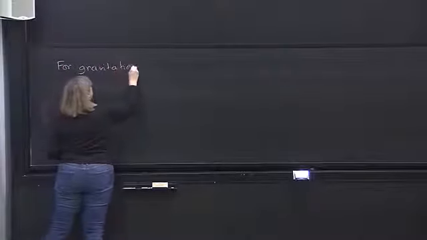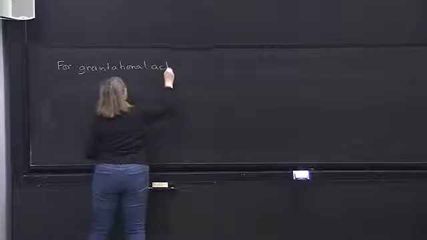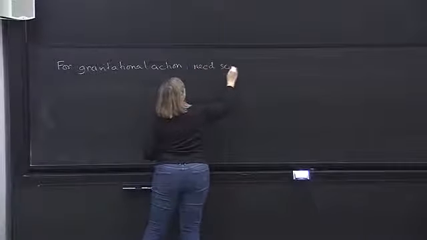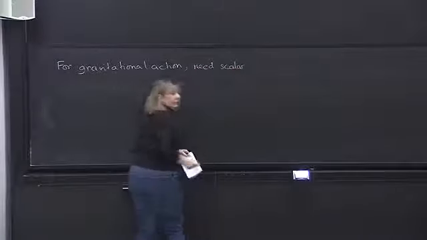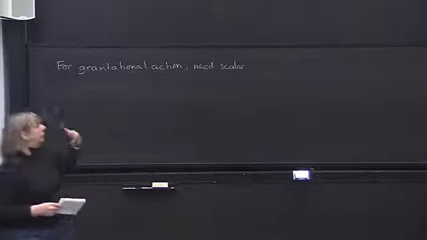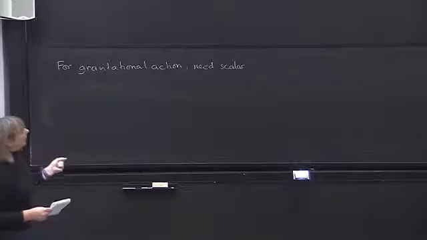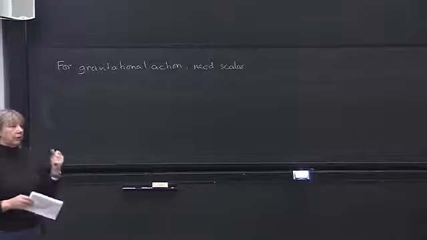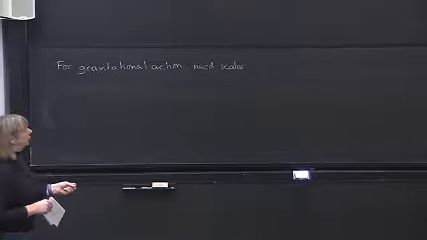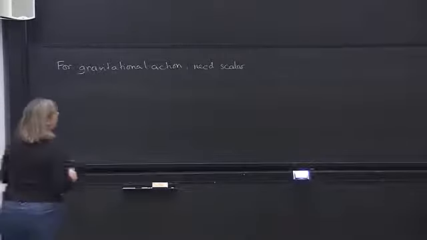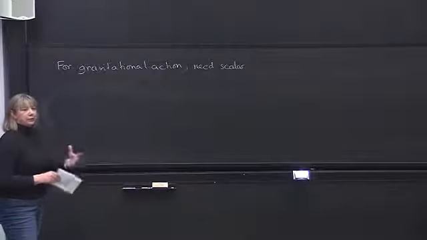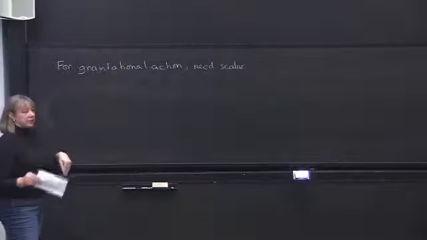So for the gravitational action, we need a scalar. Normally, with the massless scalar field we've written down, we've got an expression involving our metric, our observable G. We've got G inverse, and we've got the determinant of G. Normally, when you write down a Lagrangian, you write it as T minus V, kinetic minus potential.